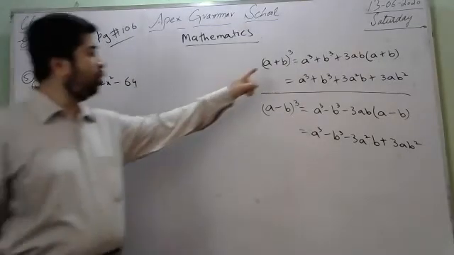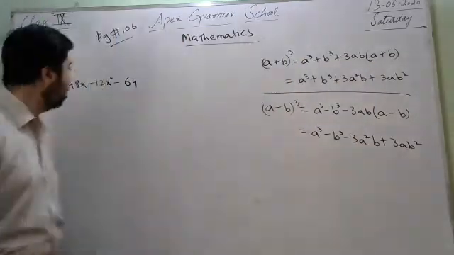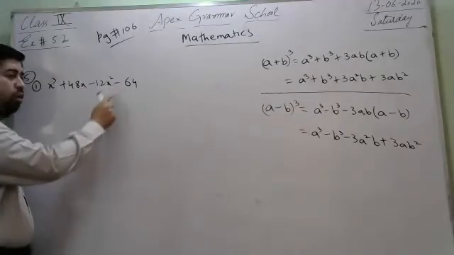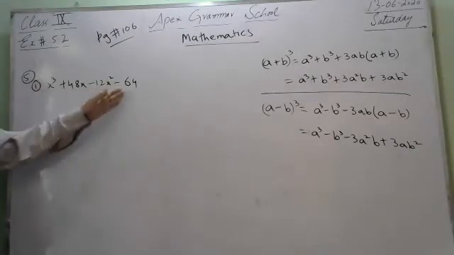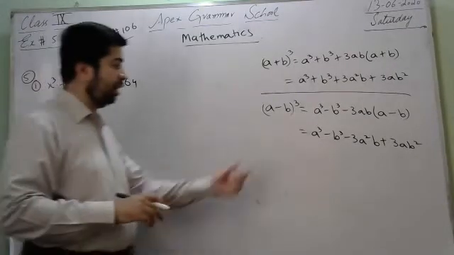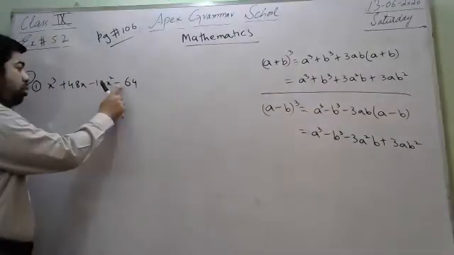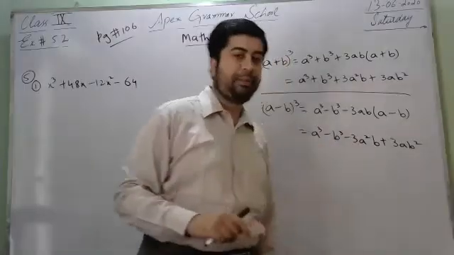The (a plus b) whole cube type contains all the values with positive sign, but you can see that negative sign values are already here. So, 1, 2, 3, 4, these are 4 terms. First, you have to find 2 cubic terms. Basically, it is (a minus b) whole cube type because it contains 2 negative signs and 2 positive.